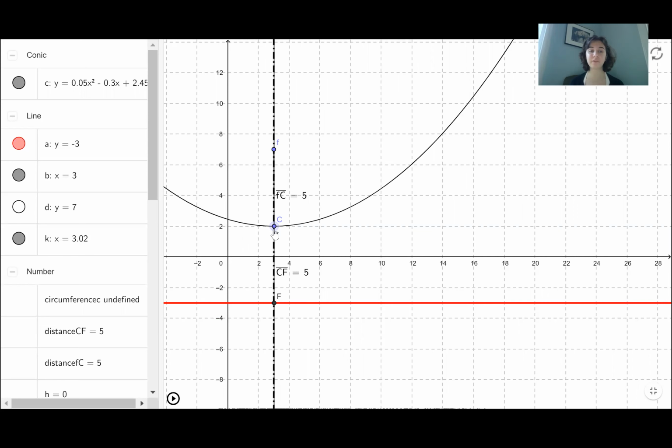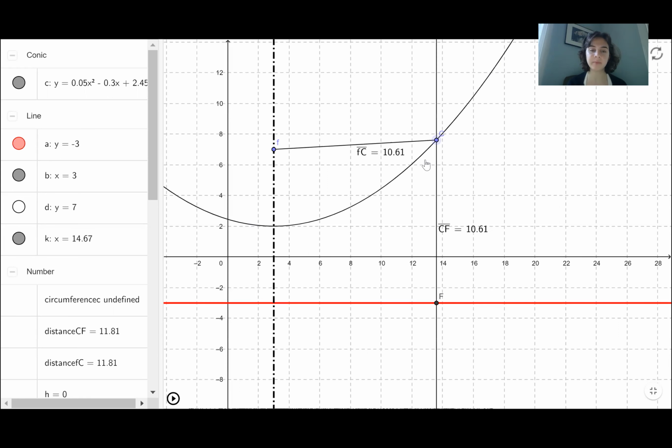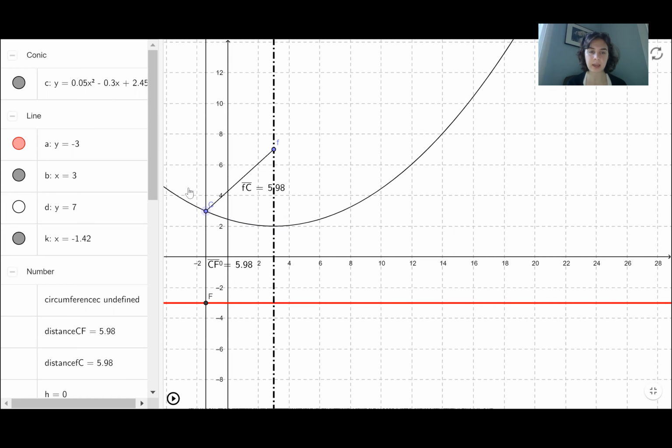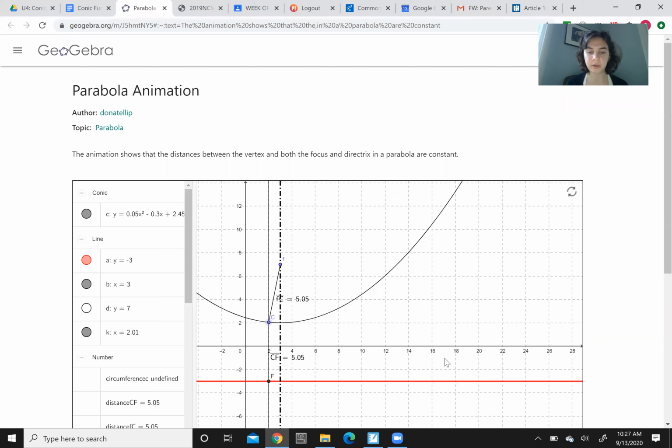And if you know where the focus is located, you can sort of find that distance and then take it the other direction in order to get to the directrix. So this is a really good property if you're missing information in a math problem. And you can kind of use the equidistance rule to find the missing piece. So that's my animation for you.